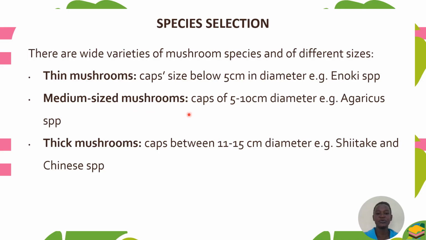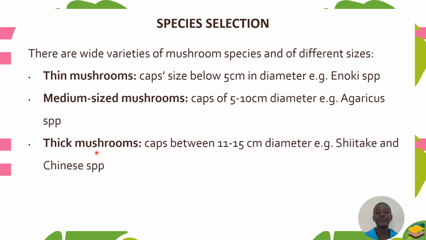Medium-sized mushroom, their cups are in the range between 5 to 10 centimeters in diameter. A good example of a species of medium-sized mushroom is Agaricus species.